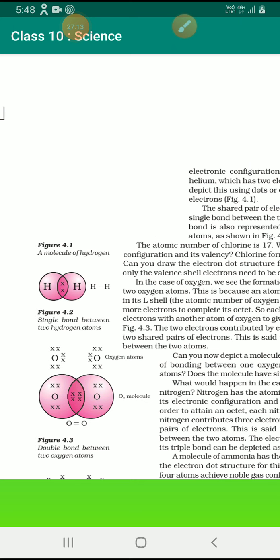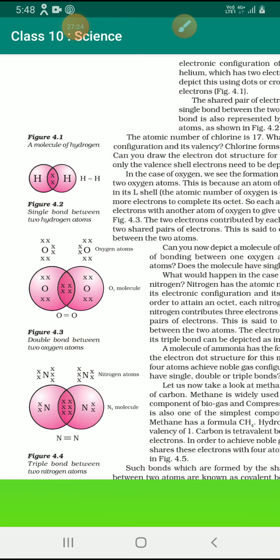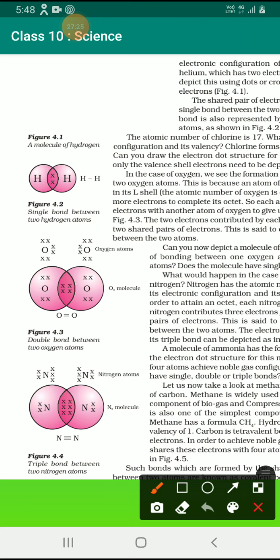You can see a molecule of hydrogen which has 2 hydrogen electrons. The stable molecule of hydrogen is H2, we know that. So H2 means there are 2 outermost electrons.